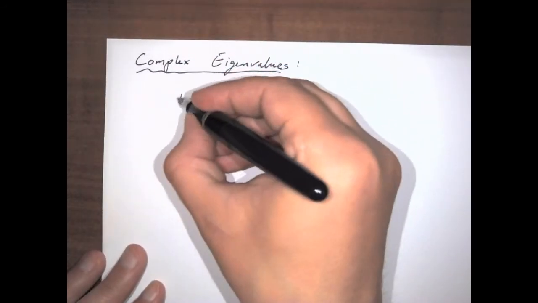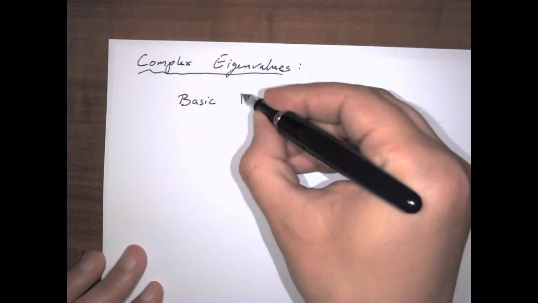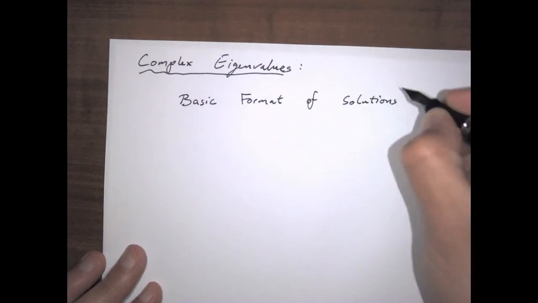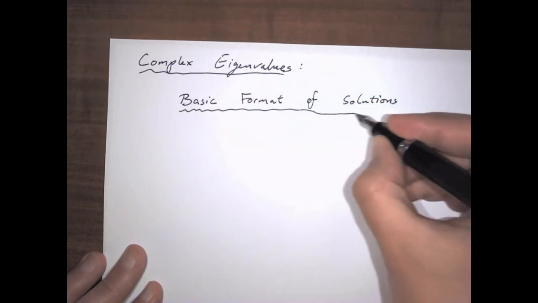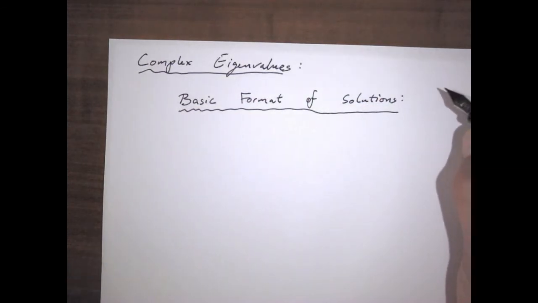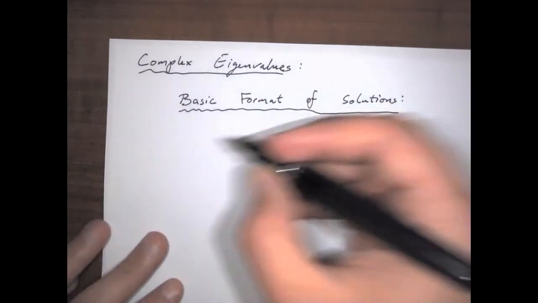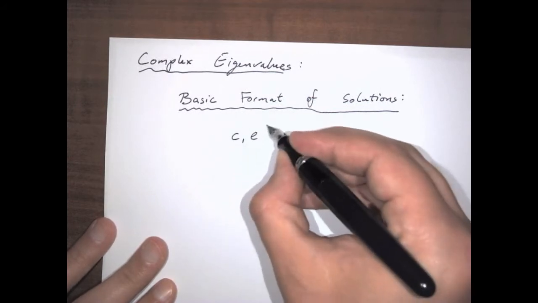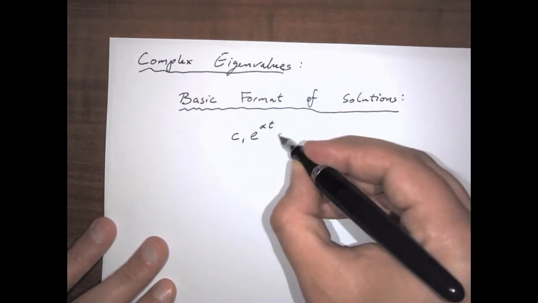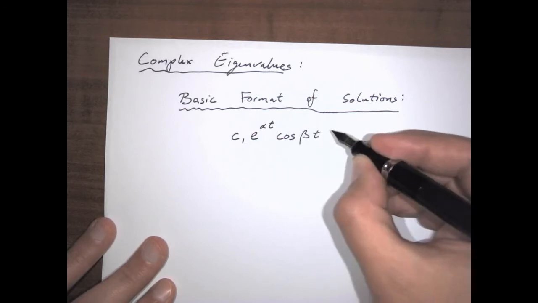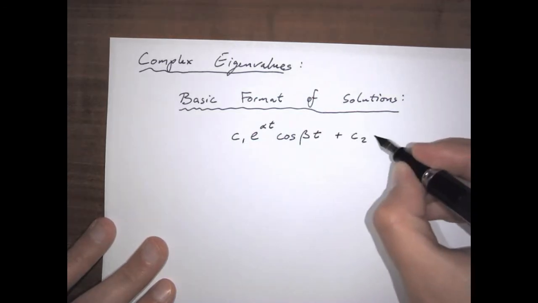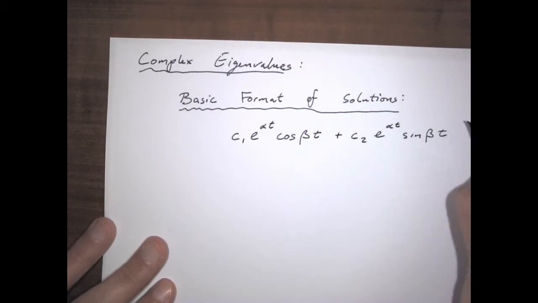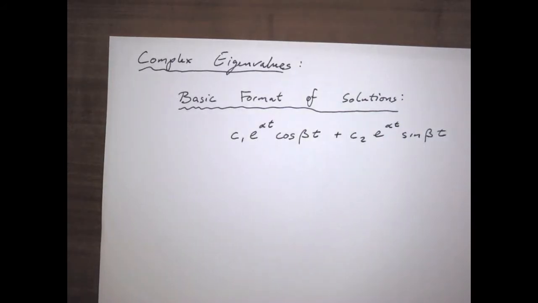The basic format of solutions is going to rely on the same trick as it did back when we were talking about second order linear differential equations, and in particular what we're going to have is c1 e to the alpha t cosine beta t plus c2 e to the alpha t sine beta t.